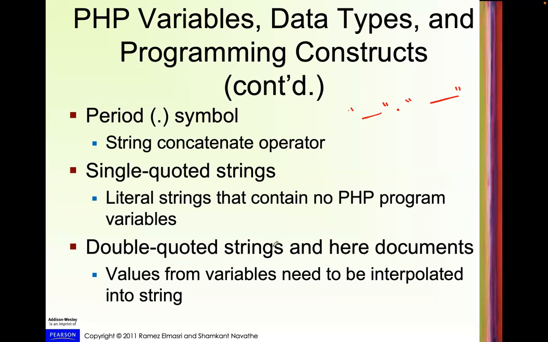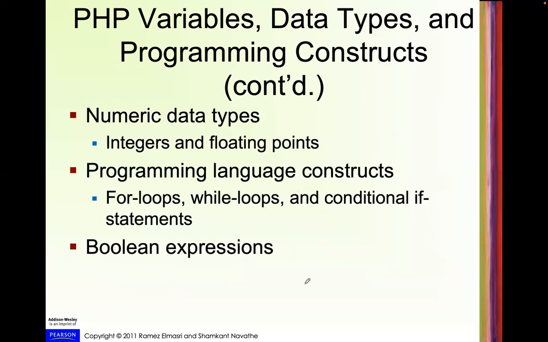So single quoted strings are literal strings that contain no PHP program, but a double quoted string and here documents can have values from variables that need to be interpolated into a string. All right. So data types can be numeric, so integer or floating points. Okay.